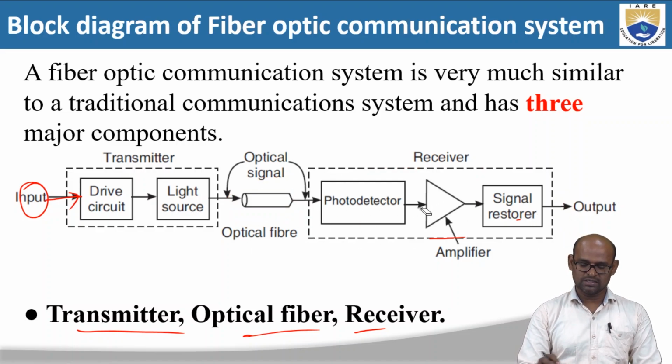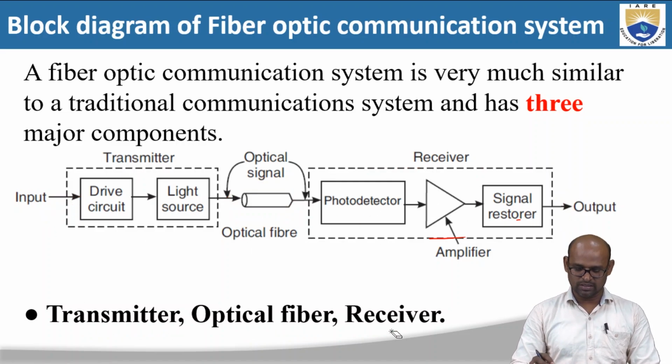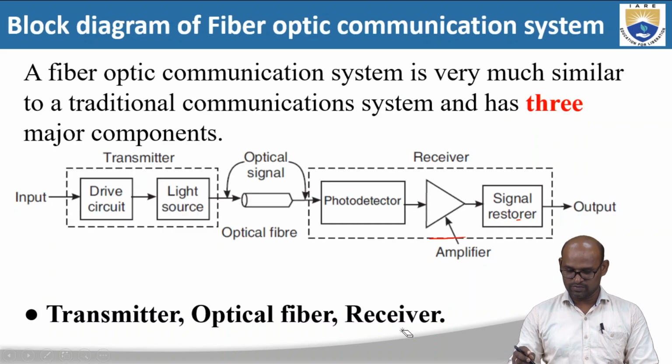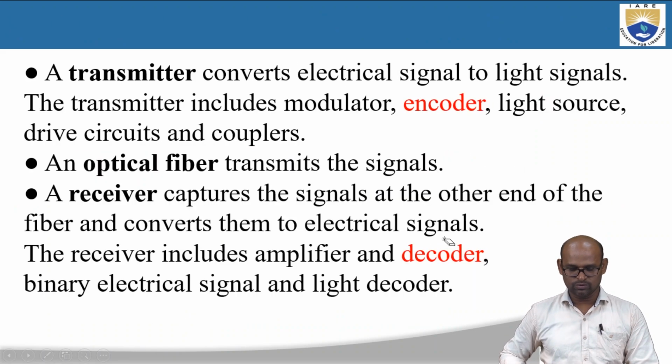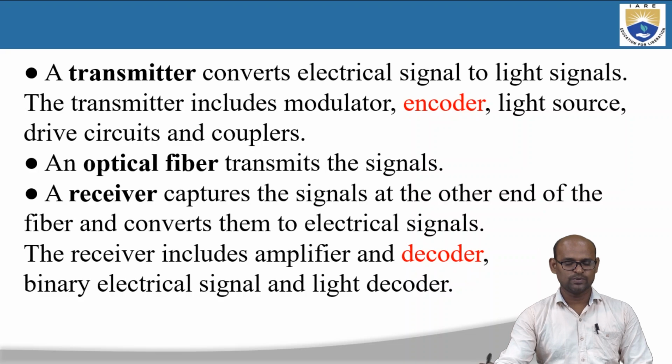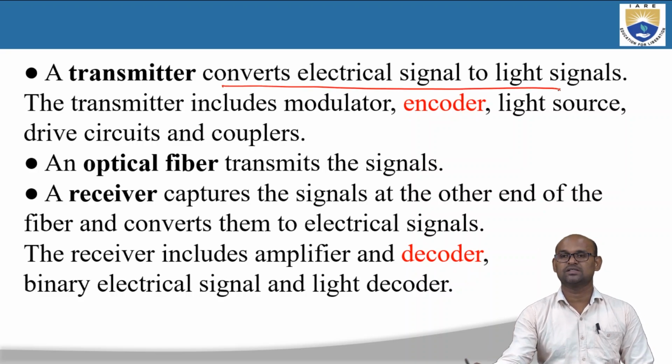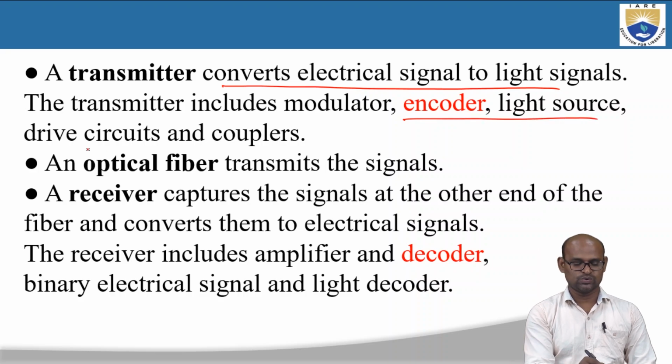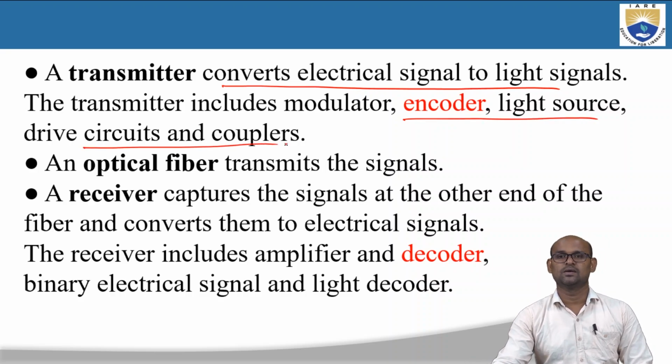Let us see in detail what these three major components are and how they help the light to be received at the output. The transmitter converts electrical signals into light signals. The transmitter includes modulator, encoder, light source, drive circuits and couplers.